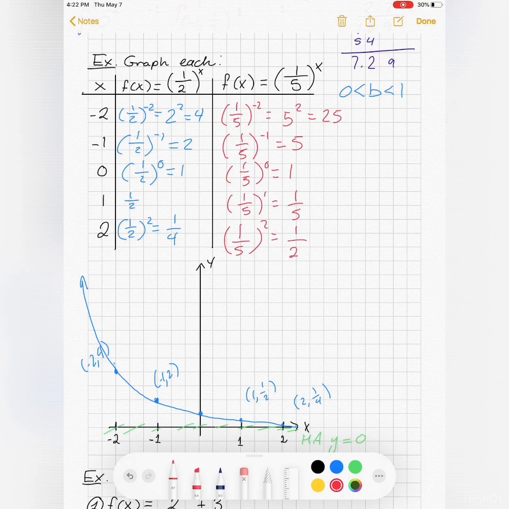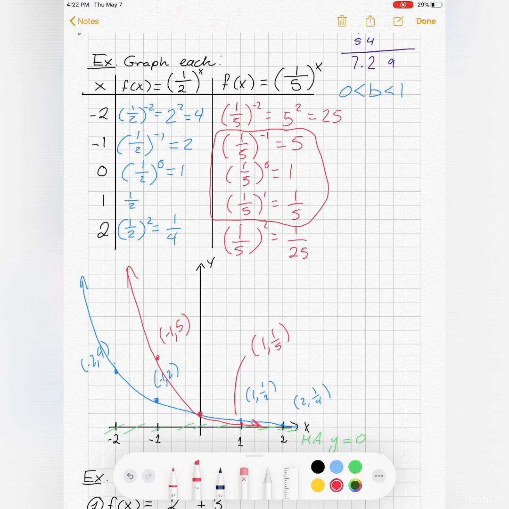A fifth squared is 125. Okay, so I don't know that I'll be able to fit all of those. Let me plot at least these three. So negative 1, 5. Zero, 1. And then 1, a fifth. And so again, you can see I get the same shape, but decreasing more rapidly.